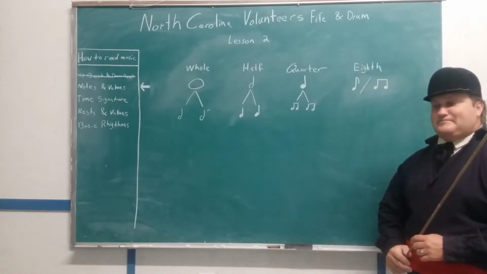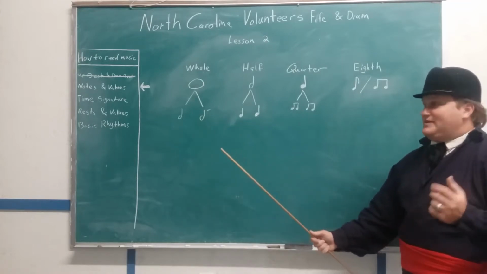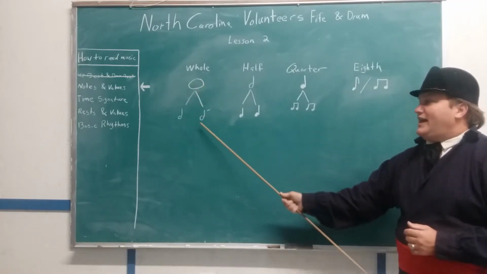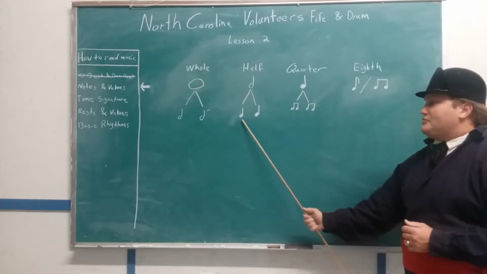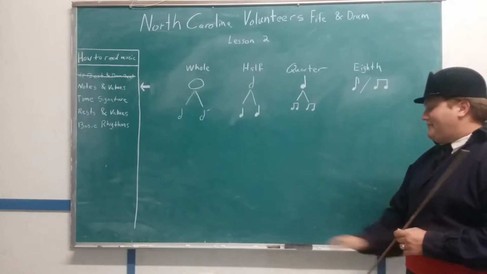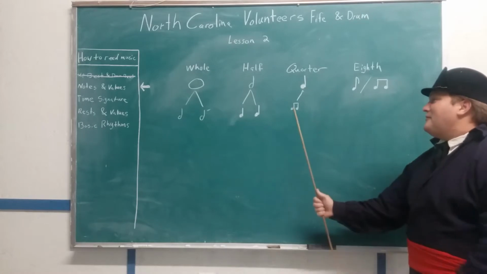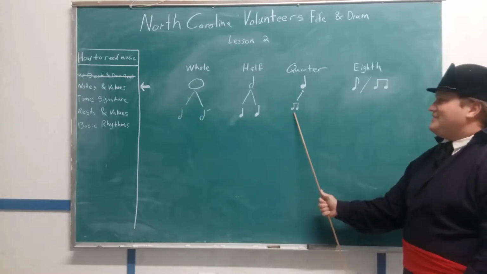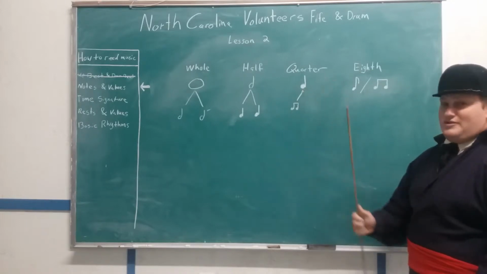Now, if you'll notice down here, I have some equivalents. So 2 half notes make up a whole note. 2 quarter notes make up a half note. And I have that wrong. 2 eighth notes, because it's joined together there, make up a quarter note.